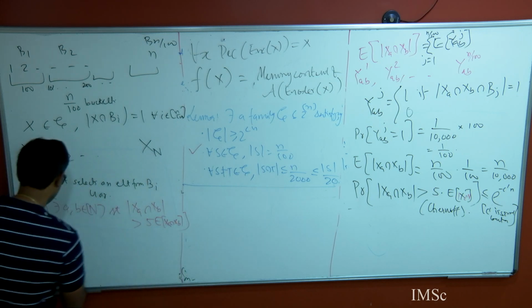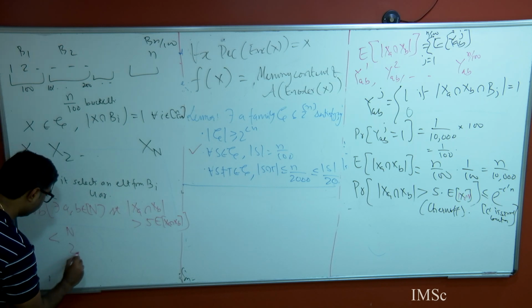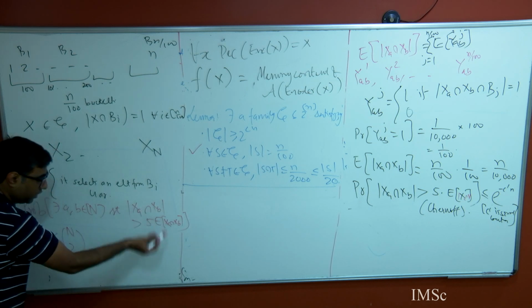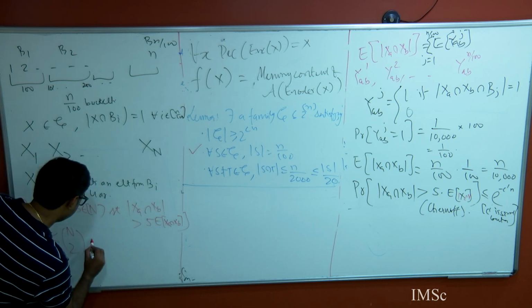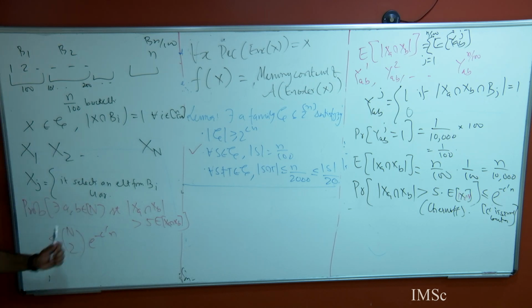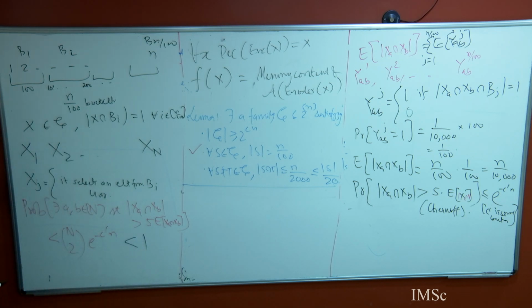By the union bound, this is less than n choose 2 times e power minus c prime n. If I show that this is less than 1, then am I done?